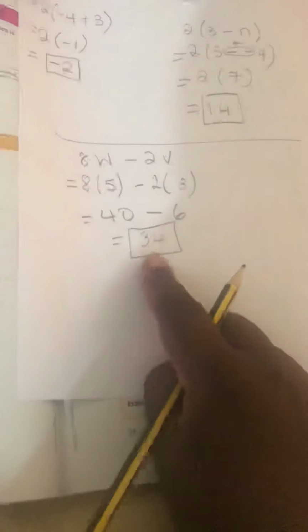V is 3. 8 times 5 is 40 minus 2 times 3 is 6. 40 minus 6 is 34. Okay? You try and do this without the calculator. This is why you need to learn your multiplication facts. Just like that, okay?